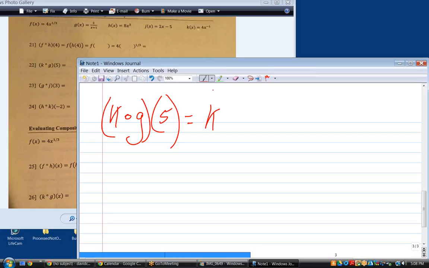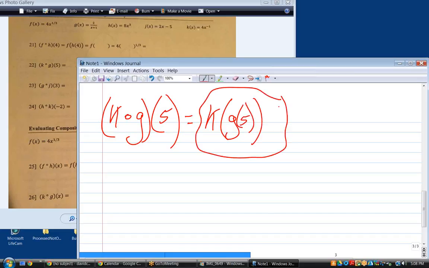It's not times. Make sure you don't use times when you say this. It's of. It's not multiplication that's taking place. It's k of g of 5. So the way I would pronounce that would be k of g of 5.